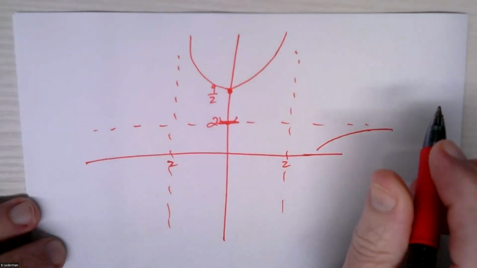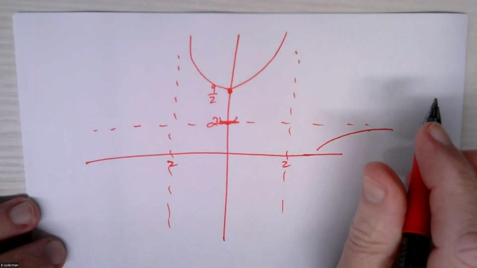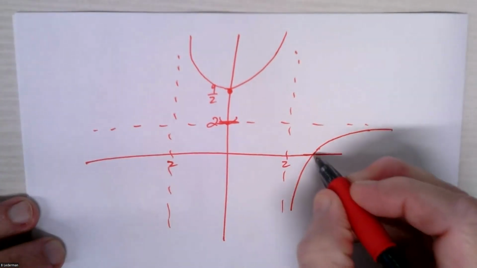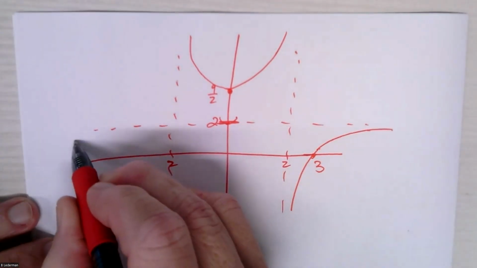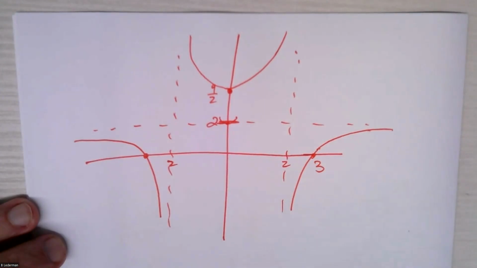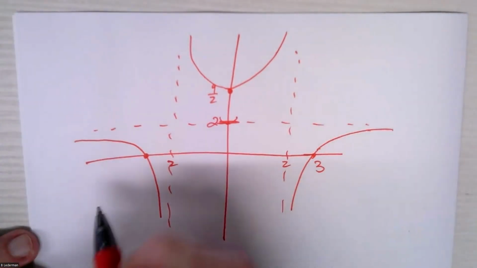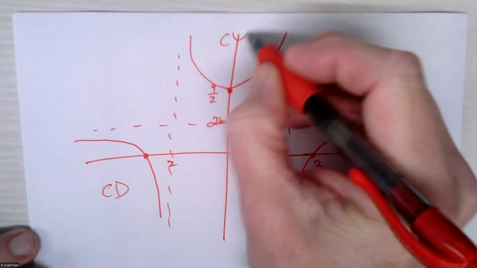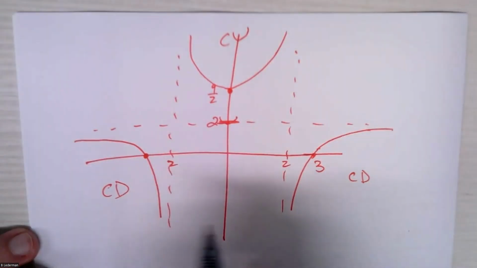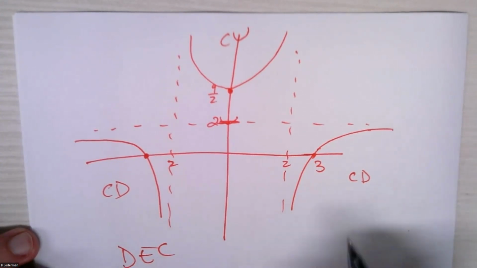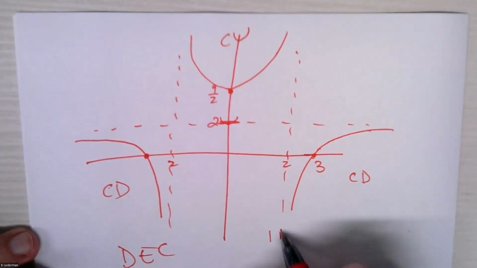When does it hit the x-axis? It hits the x-axis at -3, but that's 3, and that's -3. So it looks like it's going to be something like that. Notice it's concave down on the ends, concave up in the middle. Notice that it's decreasing up to the 0, and then here it's increasing.